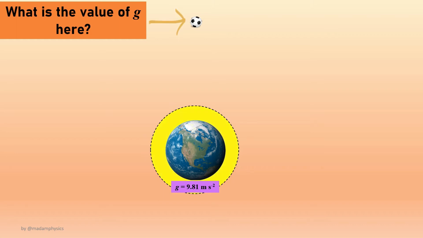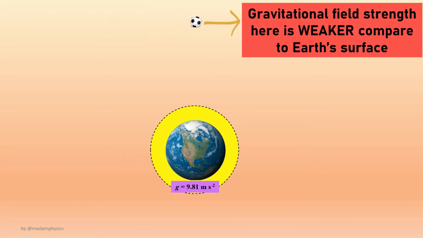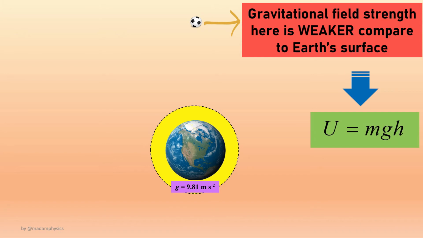Therefore, for the position that is very far from the Earth, the g should be less than 9.81 because we know that the strength of the gravitational field is weaker as the distance of the object is further. Therefore, to calculate the gravitational potential energy at that position, we cannot simply use this formula and assume that g is always 9.81.